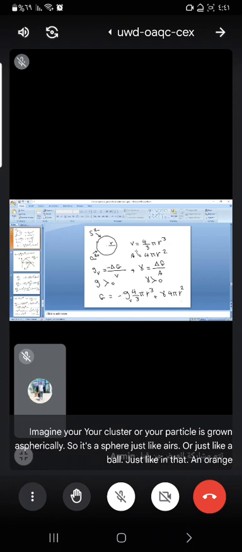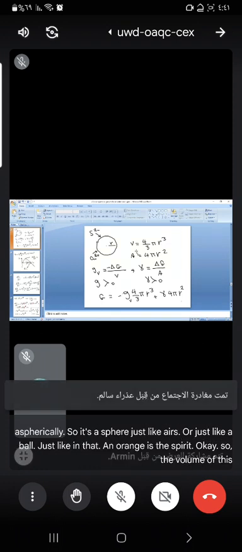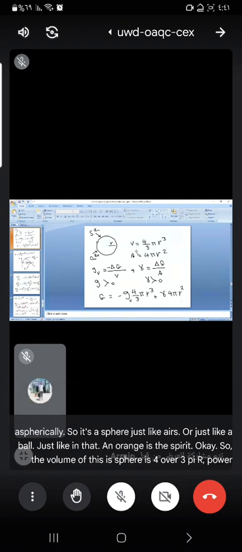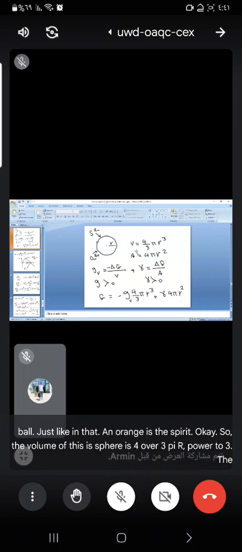So the volume of this sphere is 4 over 3 pi r to the power of 3. The area of this sphere is 4 pi r to the power of 2.